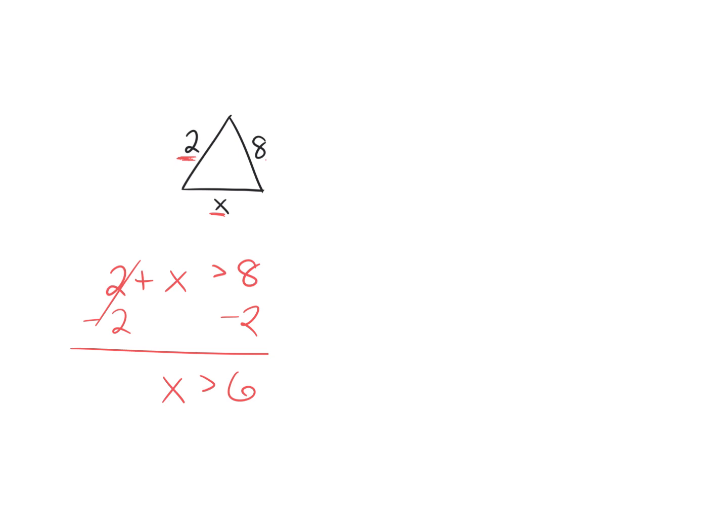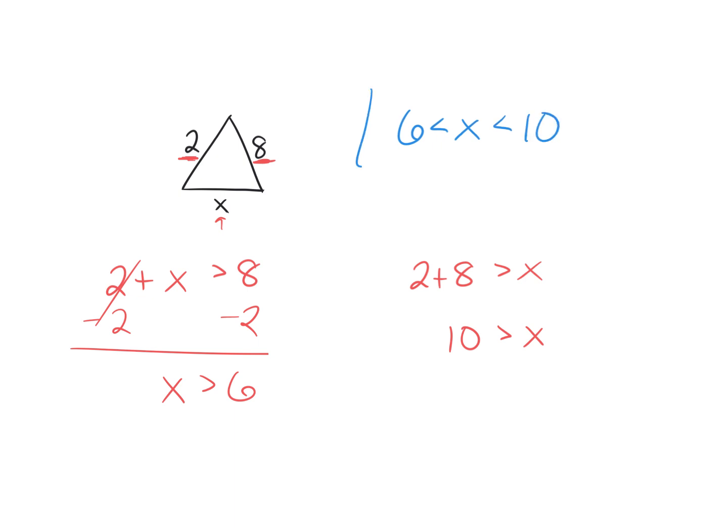Okay, what is something else we have to be aware of? 2 plus 8 also has to be greater than x. So we know that x has to be less than 10. How do I write that as a compound inequality? 6 is less than x, which is less than 10.